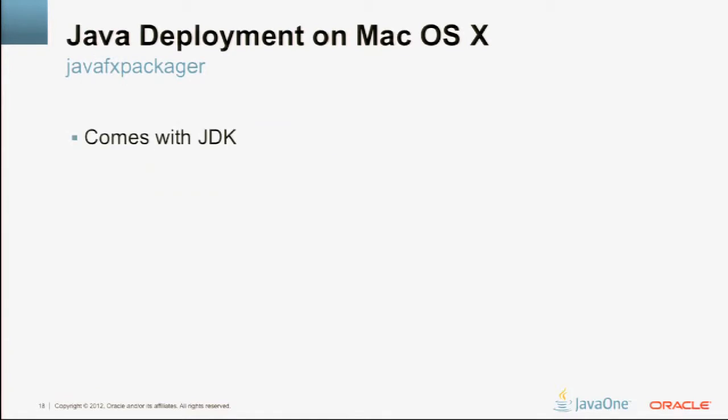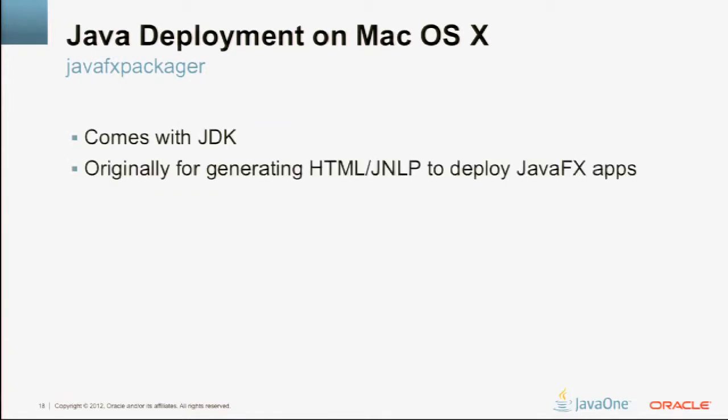So FX Packager comes with the JDK. It was originally written as a nice solution for wrapping up your code for a web start or an applet. Basically, you would tell it, okay, here's my applet code or here's my main, and it would generate HTML and the JNLP for you.